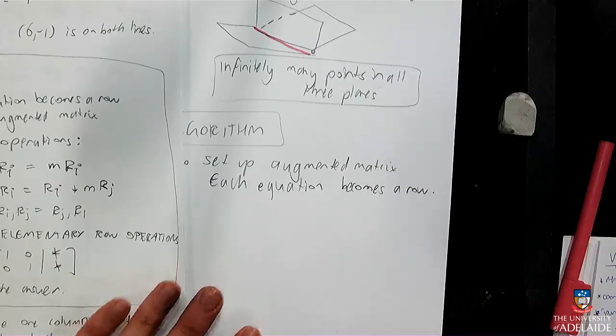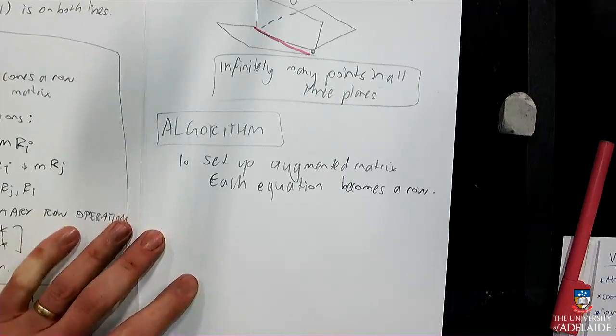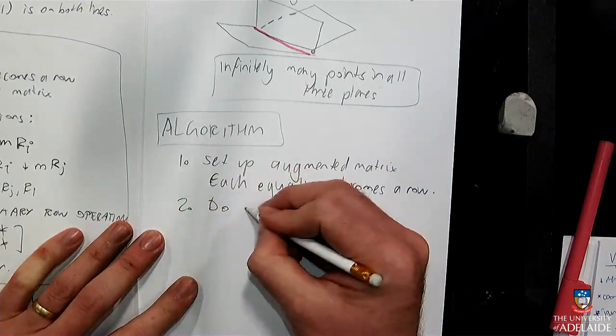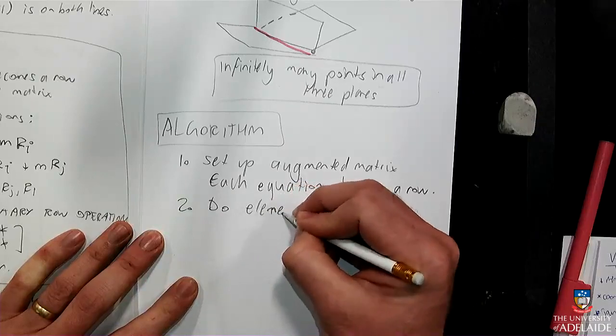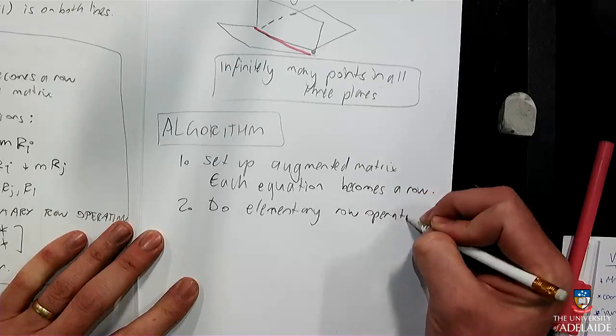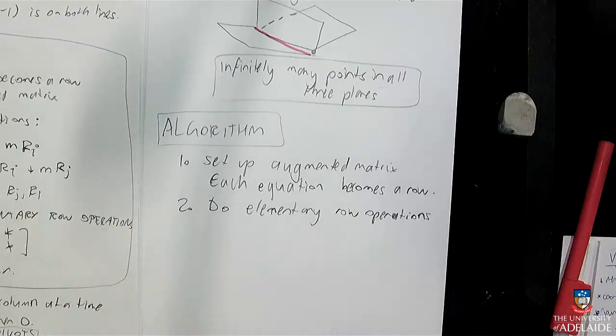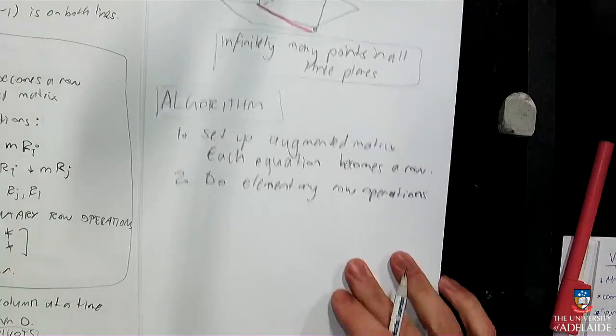Okay, and then do row operations. And it's especially important to do elementary row operations when you're in 3D because more crazy stuff can happen if you don't.